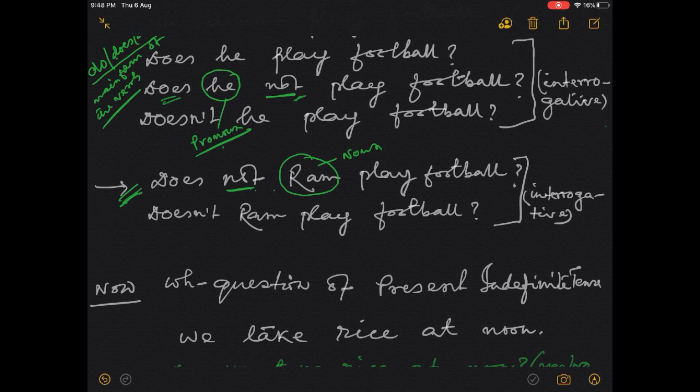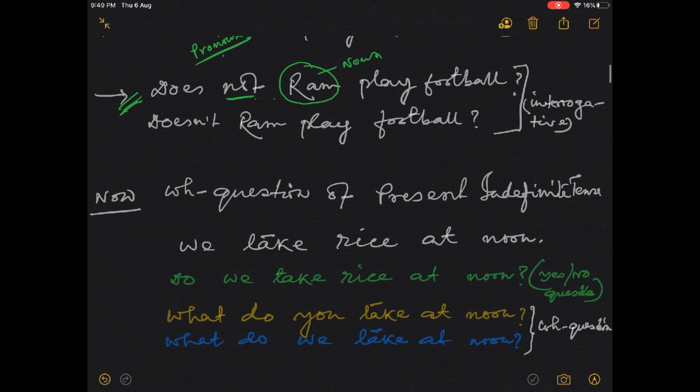Now come to see how to form WH questions of present indefinite tense. To do so, we have taken one example. See, we take rice at noon. This is a sentence of indefinite tense. Now we will make it an interrogative sentence. Do we take rice at noon?